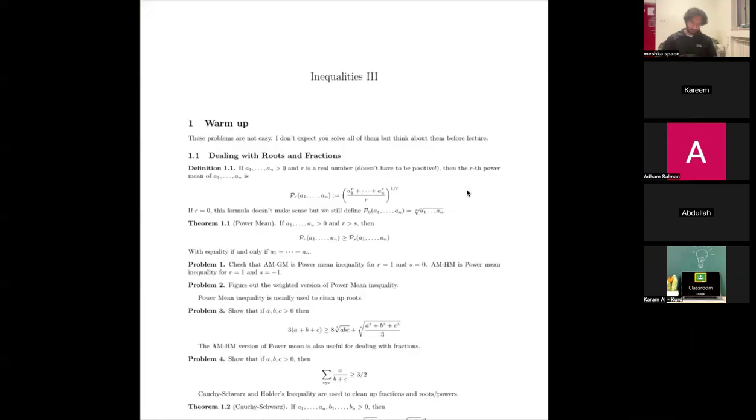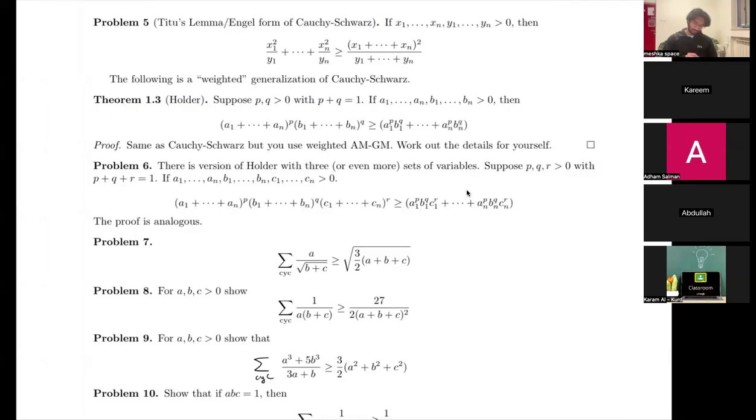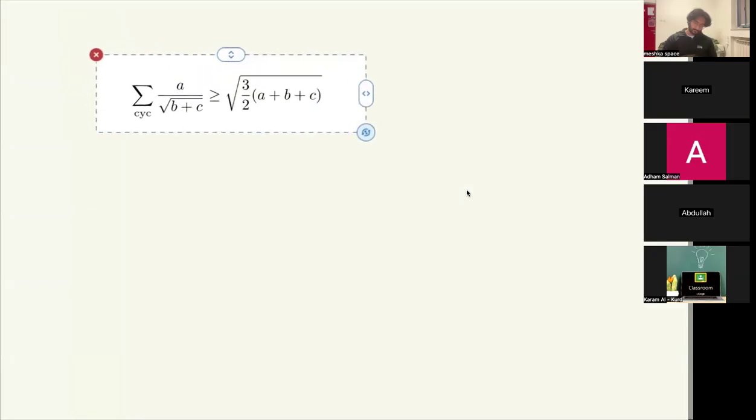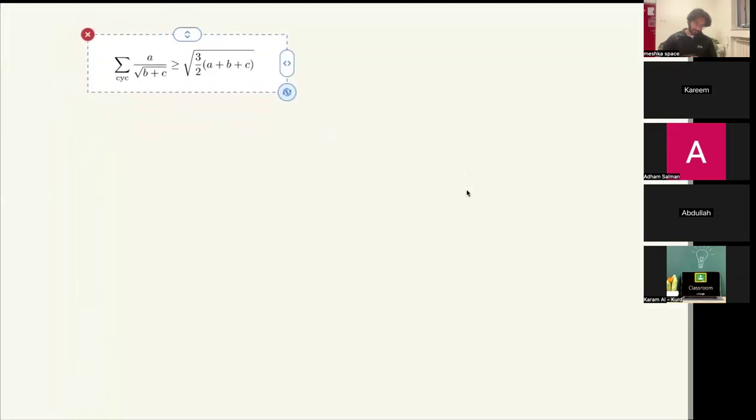So let's look at some problems that use Holder. So yeah, let's start with this one. Right, so this is our inequality.